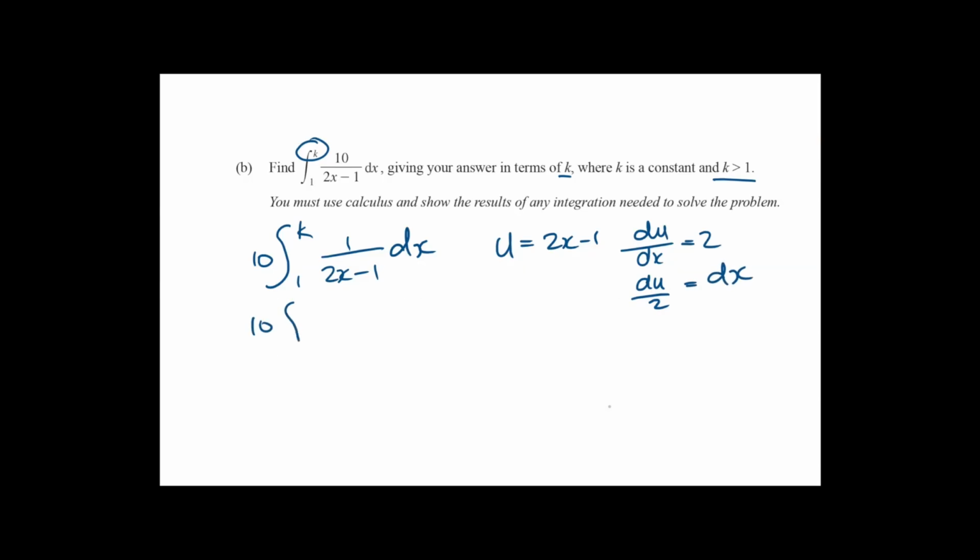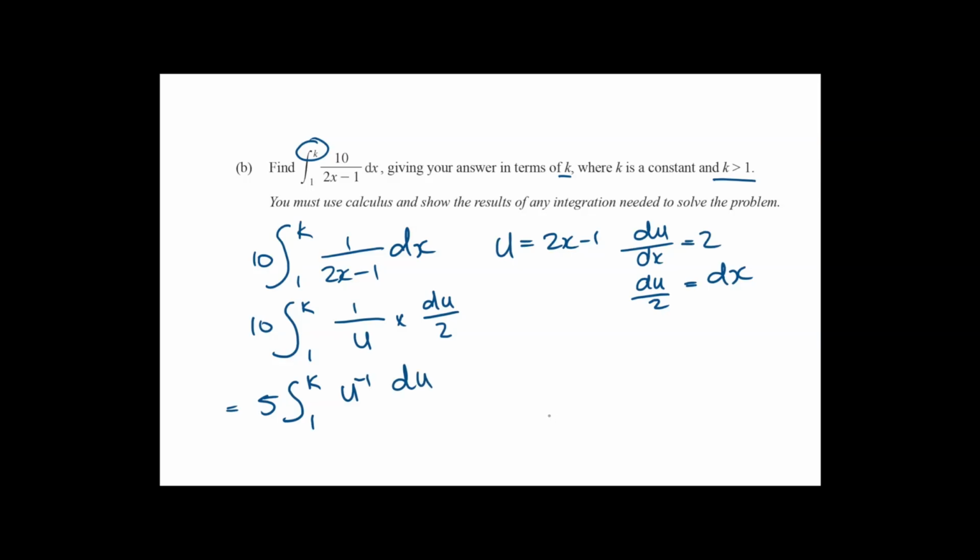That means the integral is 1 over 2 times 10 over u, and we get to multiply it by half. So it's going to be 5 over u.